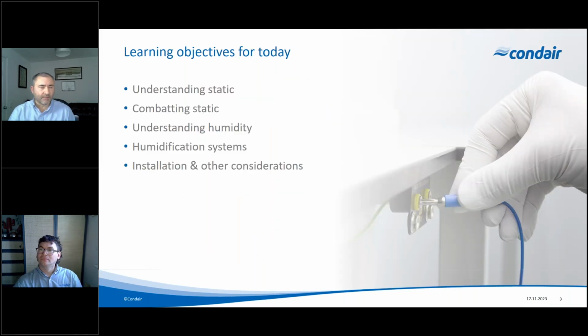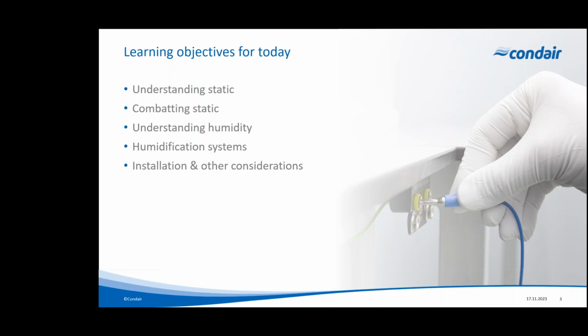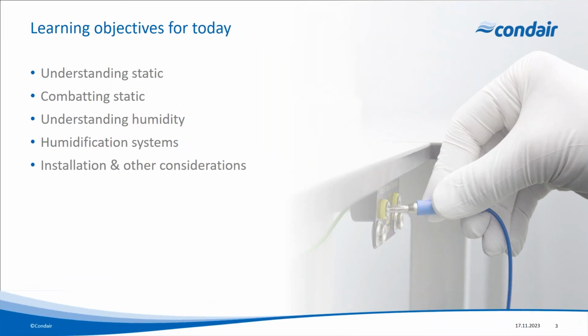So we are going to dive in, and my camera is going to be turned off. The learning objectives for today are understanding static electricity. What is static electricity? Then we're going to look at how we combat static electricity. What do we do to try and get rid of any static charges built up in an object? Then we're going to look at understanding humidity, what humidity has to do with static electricity.